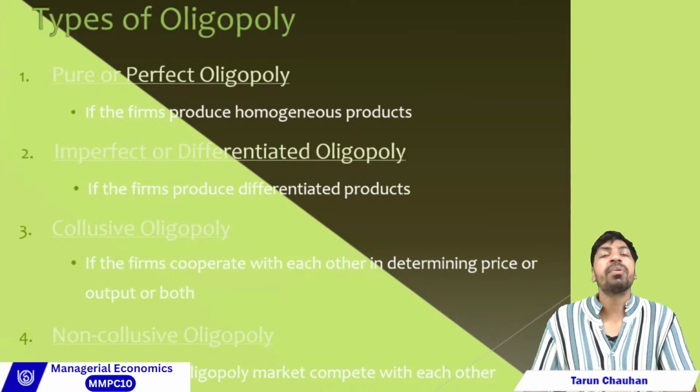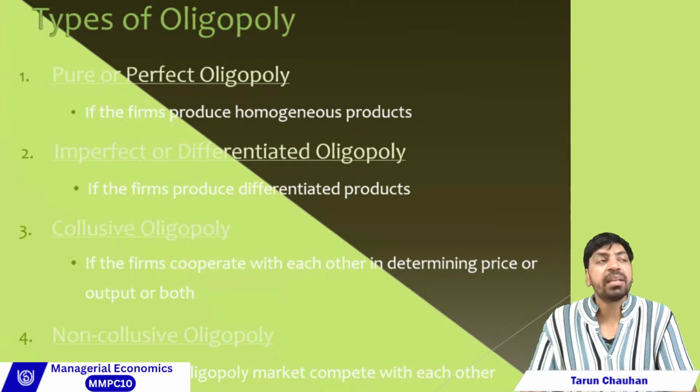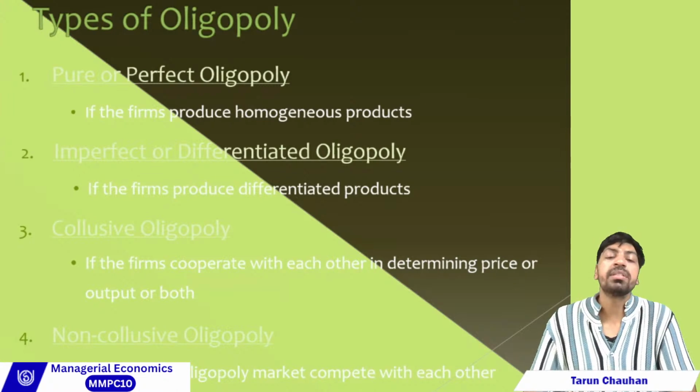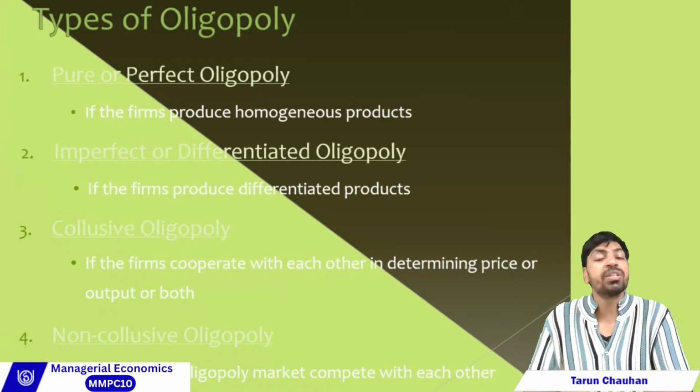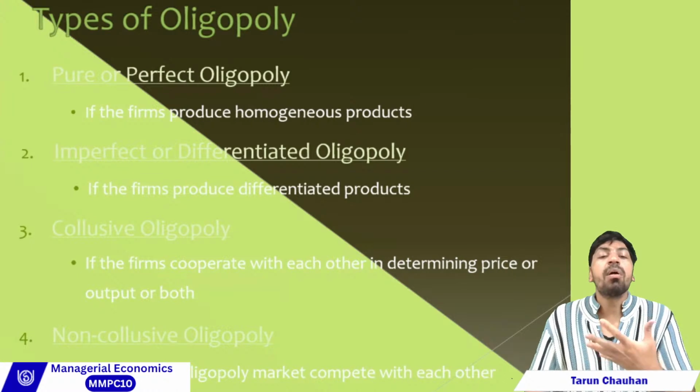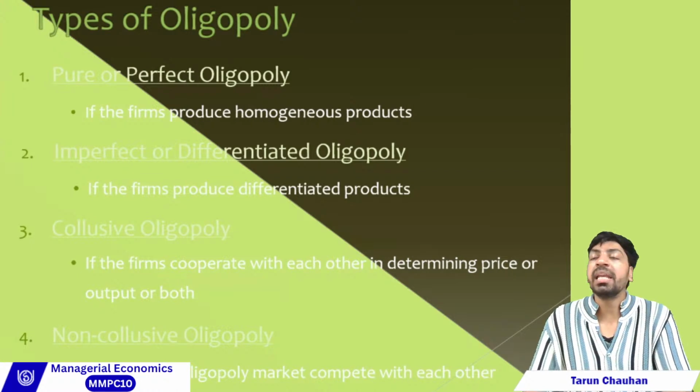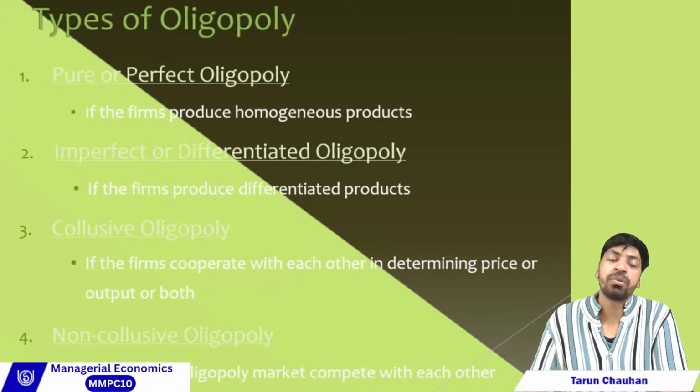They don't cooperate to determine price or output or both. They basically compete in non-collusive oligopoly. They don't cooperate with each other in the determination of either price or output or both.